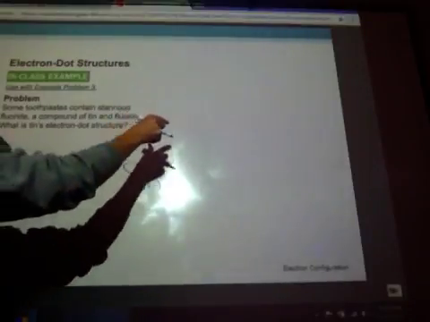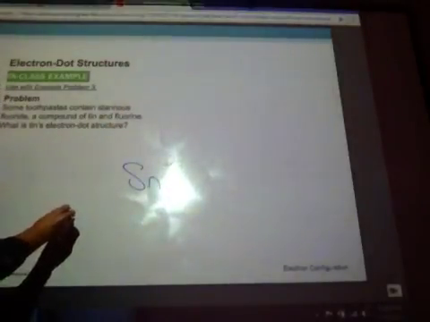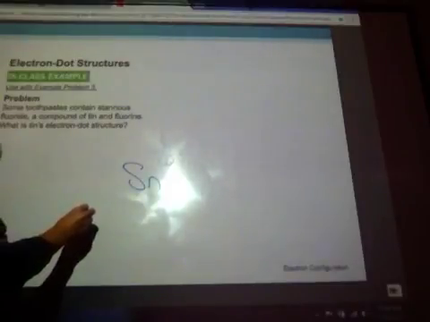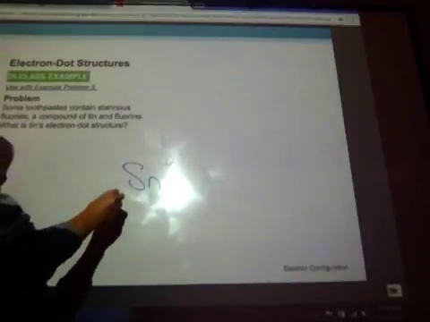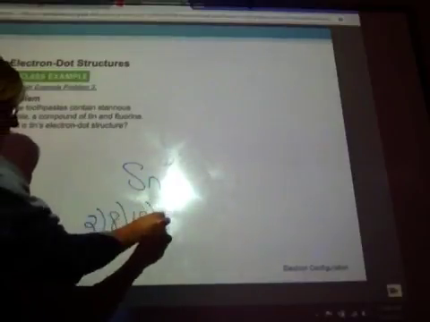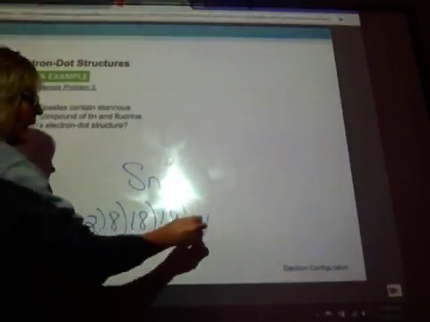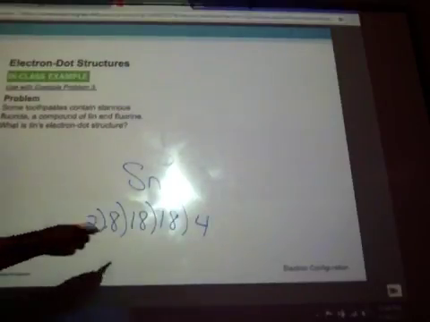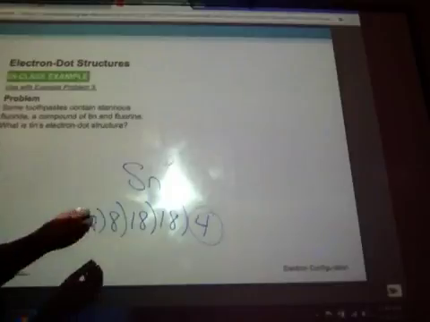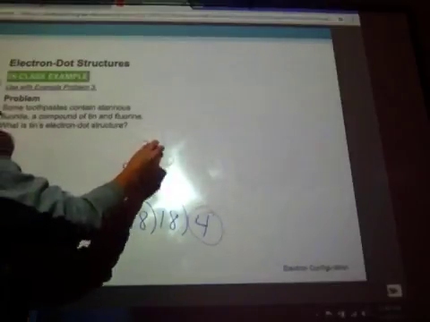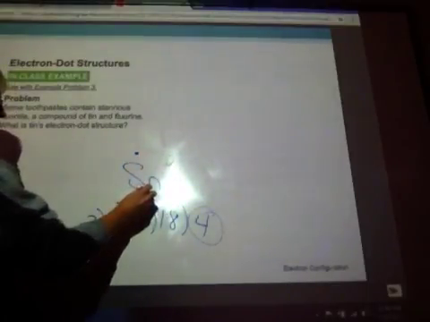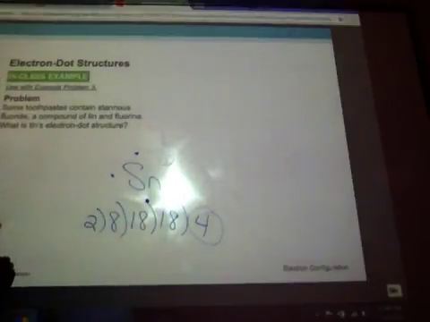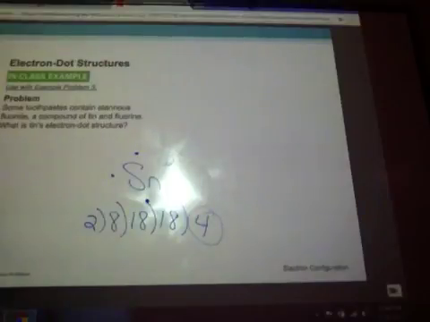If you look up in the right-hand corner, what's the abbreviated configuration for tin? 2, 8, 18, 18, 4. Okay. So how many valence electrons does it have? 4. 4 is the outermost. So tin will have 1, 2, 3, 4 dots, because it has 4 valence electrons. And that's how I would draw them.